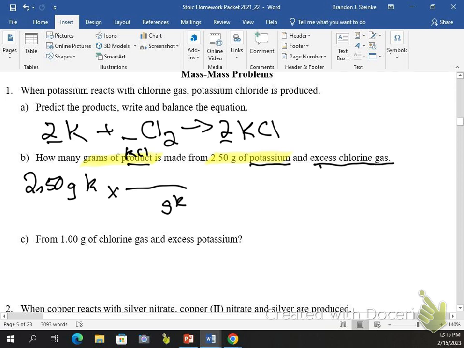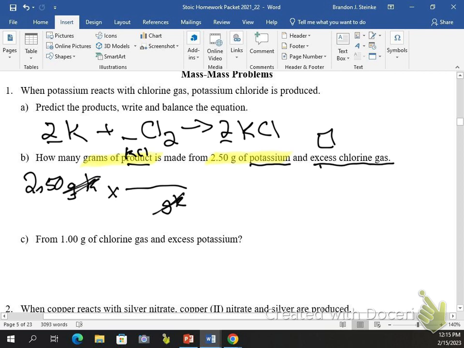No. Which means I need a stoich step somewhere, which is why I have a balanced equation up here. So can I go, and this is the biggest mistake I've seen so far, from grams of potassium into grams of KCl? You cannot. Once again, that is the biggest mistake that I've seen. Don't do that. But I have to have grams of potassium on the bottom. So it crosses out. So that's good.